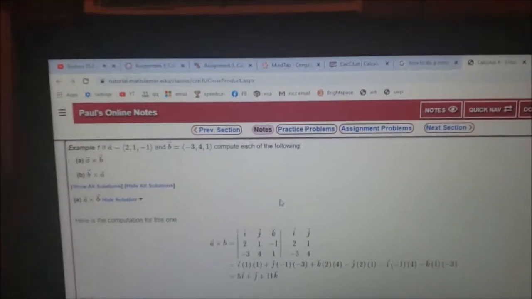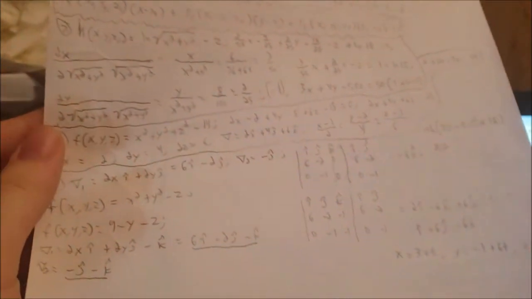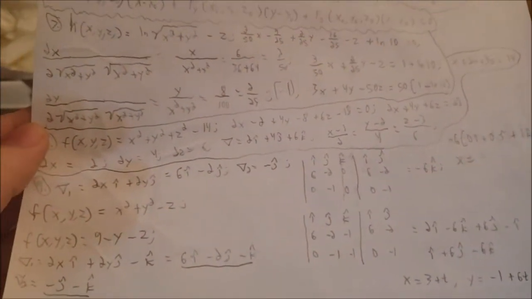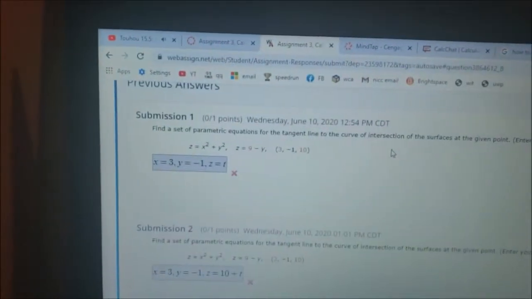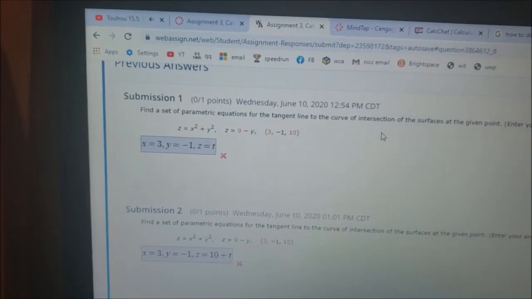But anyways, long story short, actually it's not a short story at all. So I tried doing that, but I did it completely and utterly wrong because I totally forgot. You see how it says z equals x squared plus y squared?